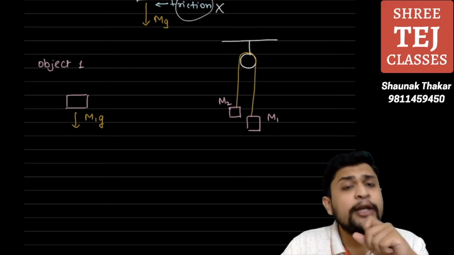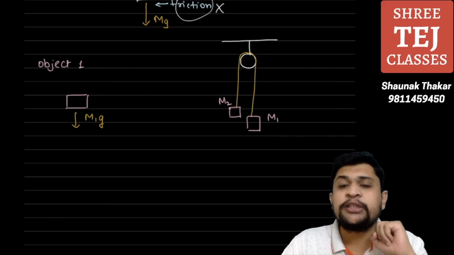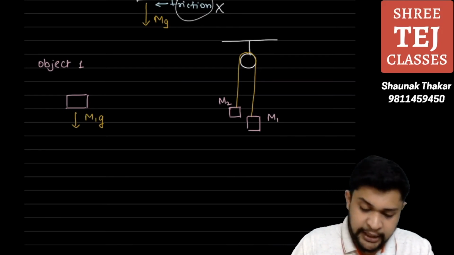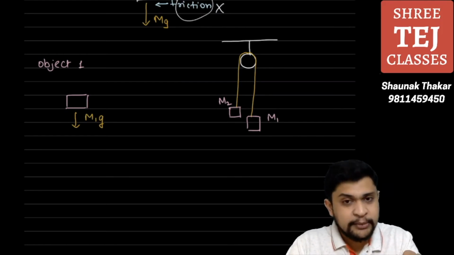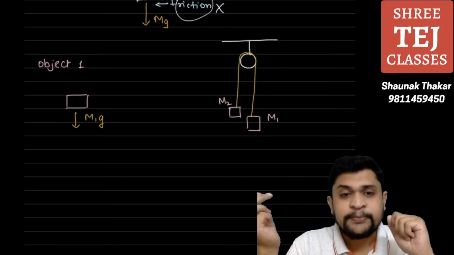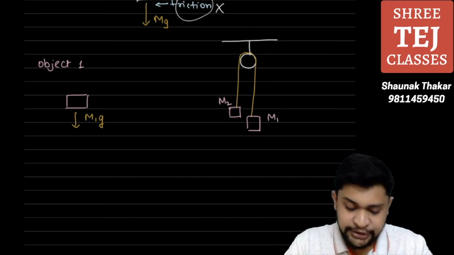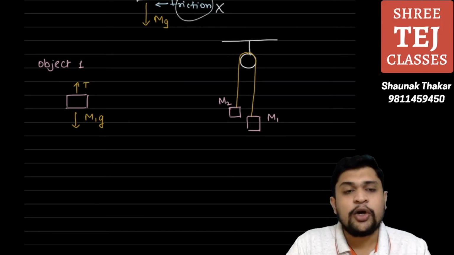So is this the only force acting? No, because it is suspended by using a rope, there will be a force of tension. So if you pull something, the string or the rope becomes tense. So that is called force of tension. So tension T will be acting on this object.